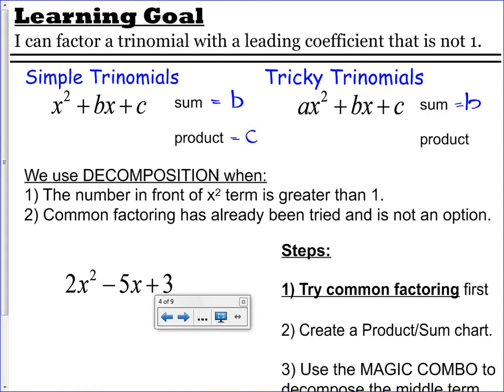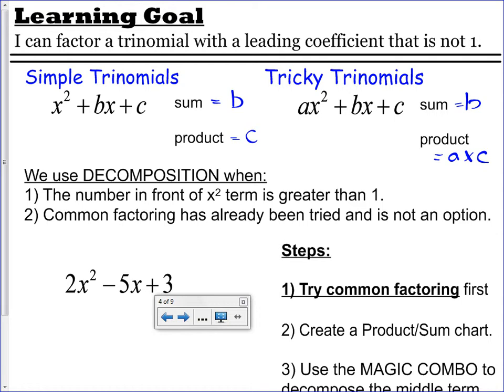The product now, you'll have to find two numbers that multiply to a times c. So you take whatever number is out in the front, you multiply it with c, and that's the number you have to figure out.